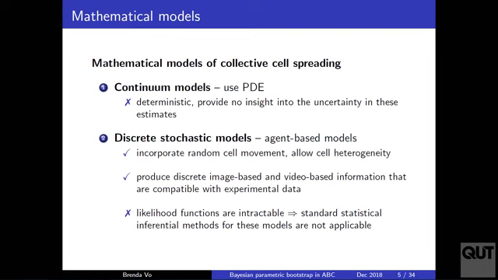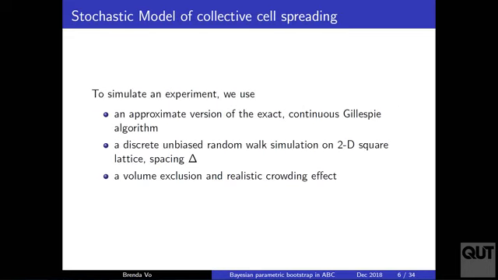So it's very good, but it's a simulation model, and so the likelihood function is intractable, so therefore we have to use a likelihood-free method. To simulate the experiment, we use an approximate version of the exact continuous-time Gillespie algorithm.